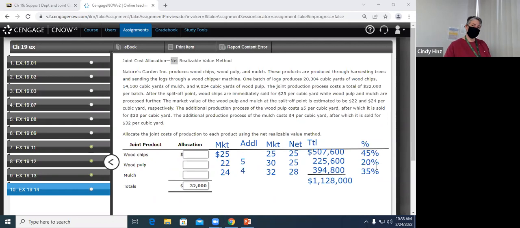Those are the percentages that we're going to use to allocate these joint costs, $32,000. 45% of the $32,000 is going to go to the wood chips because they represent 45% of the net realizable value when we sell them. So 32,000 times 45%, 14,400. The wood pulp is going to get 20% of those costs.